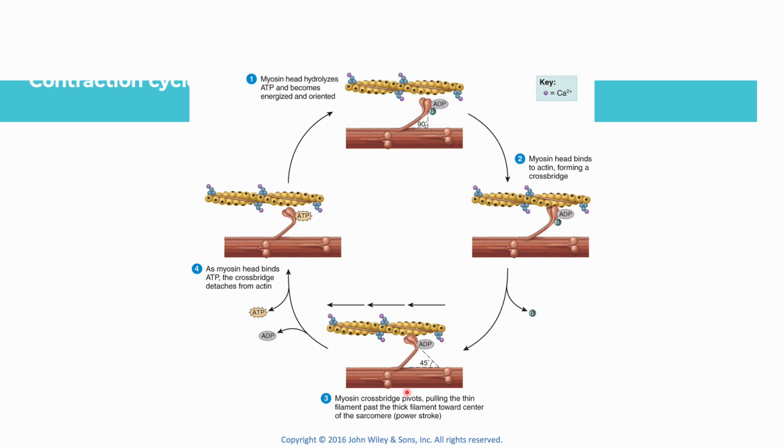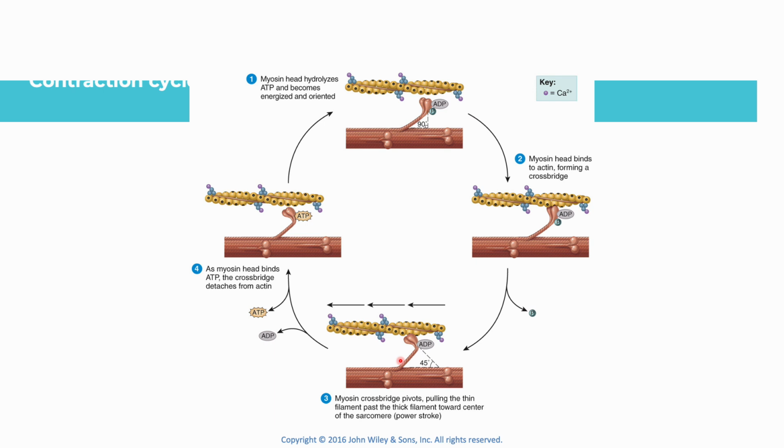Now let's move on to the next step over here. So this is the power stroke. After a cross bridge forms, the myosin head pivots. Remember over here we said it's at 90 degrees. Now look what happened, 45 degrees. Okay, so the myosin head pivots. It goes from that 90 degree angle to a 45 degree angle relative to the thick and thin filaments.